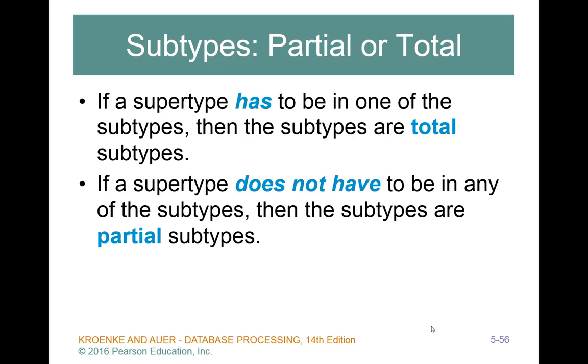To indicate a total requirement, you will put a hash mark on a relationship line just below the supertype entity. That indicates the supertype is mandatory in the relationship, and then the other one will be indicated with the discriminator.